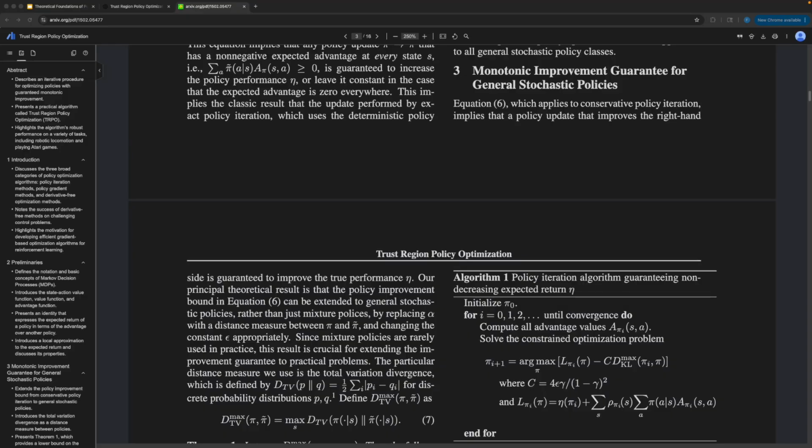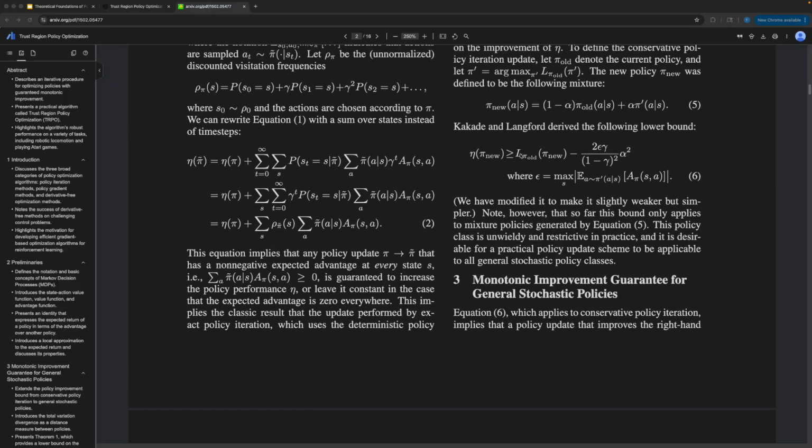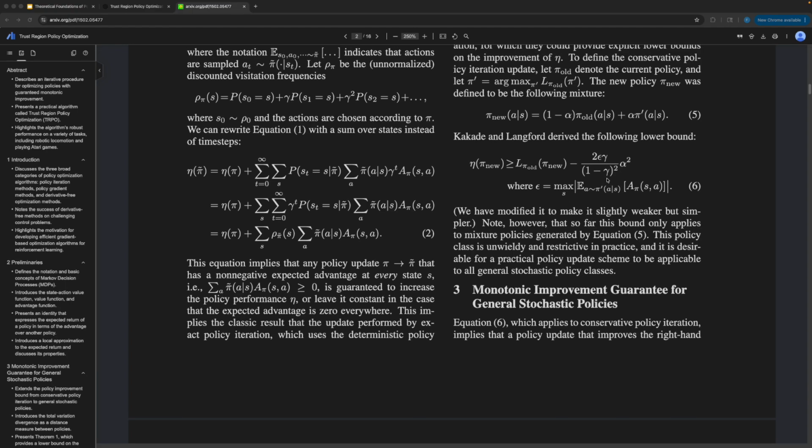While the previous equation showed that L was a lower bound on η with some correction, which is very small if alpha is small and epsilon is small, it was restrictive because it was only a bound for a certain class of policies, which were a mixture of the old and new policy.